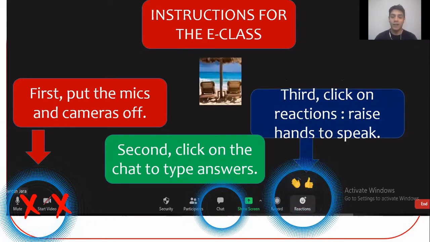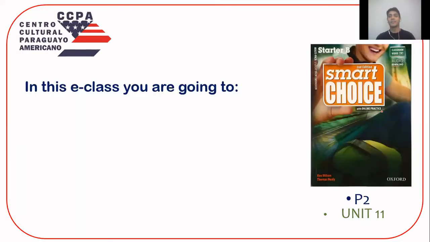You can click on it and make a thumbs up if you are understanding the lesson, or if you want to speak, you can raise your hand and we will unmute you so that you have the chance to speak, okay? Especially when you have conversations or when we have grammar exercises where you need to say the answers, okay? Good? Very good.